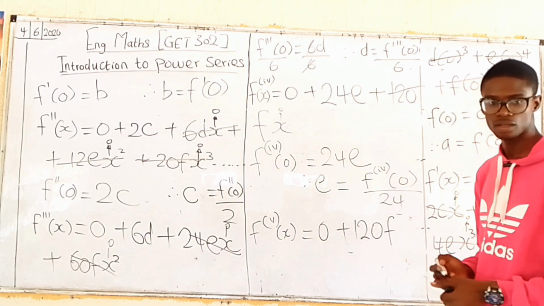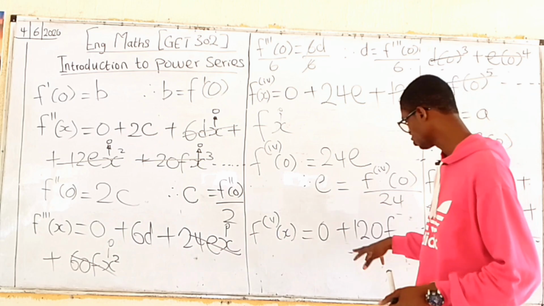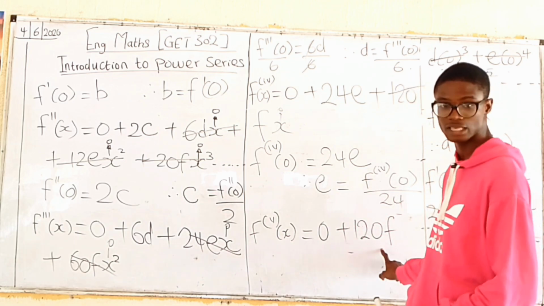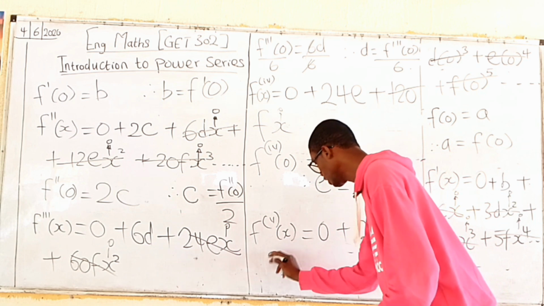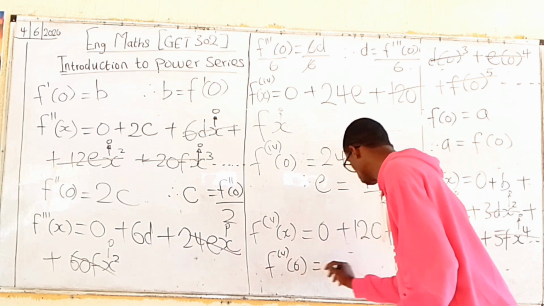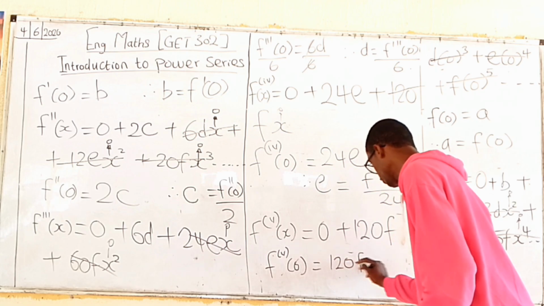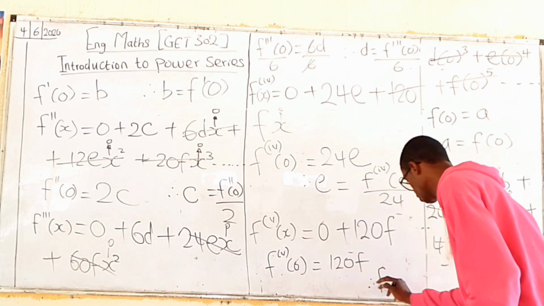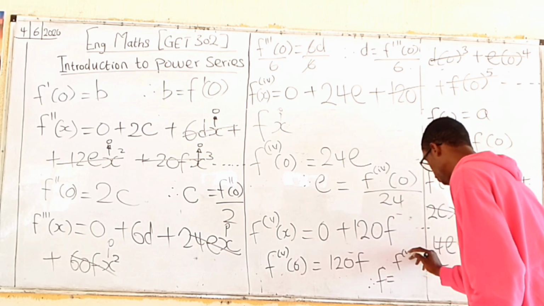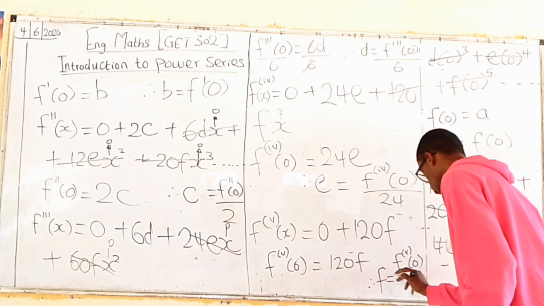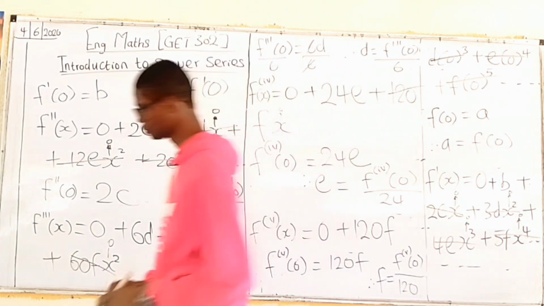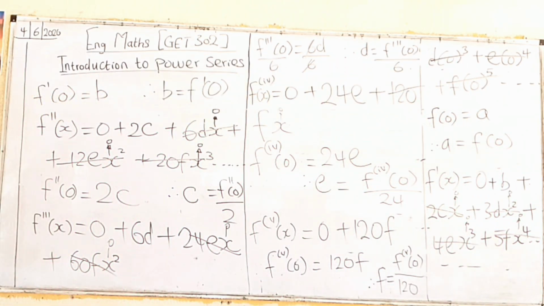So if you set 0 here, it won't change anything because there's no x here. So you have F V of 0 will now be equal to 120F. Therefore, F is equal to F V of 0 all over 120. So we are done.